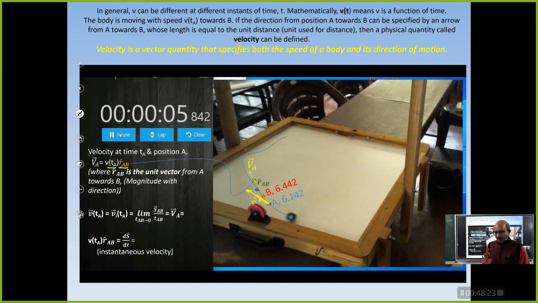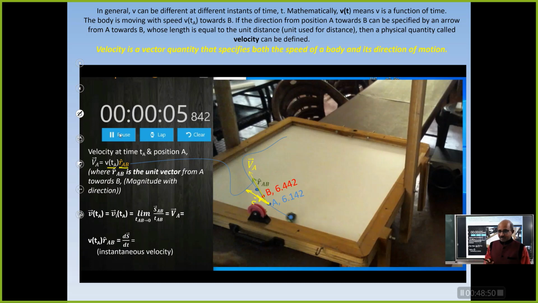Got it? Now can you tell me the difference between position vector and unit vector? What is position vector? What did the position vector do? I showed you that. It defined the distance and the direction.